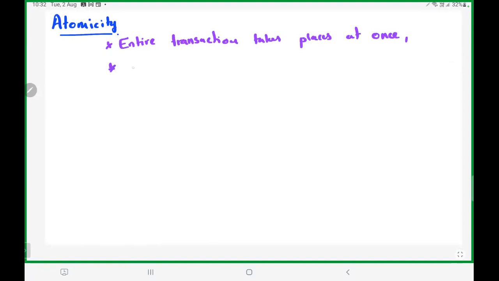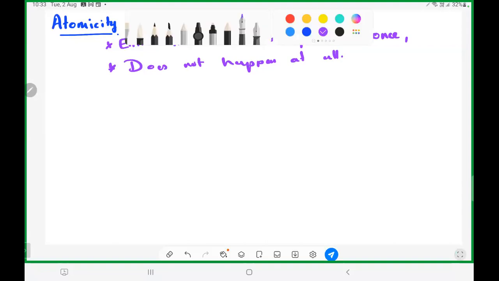Or does not happen at all. එහෙම නැත්නම් transaction එක වෙන්නෙම නැහැ. Right? All the transaction will happen at once or does not happen at all. Right? So let's see the example.